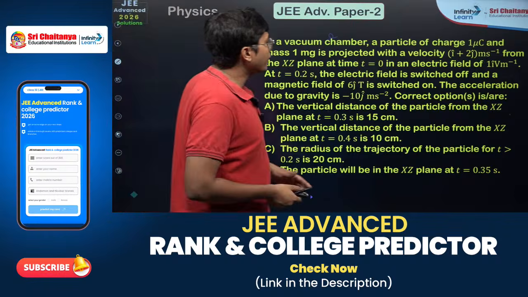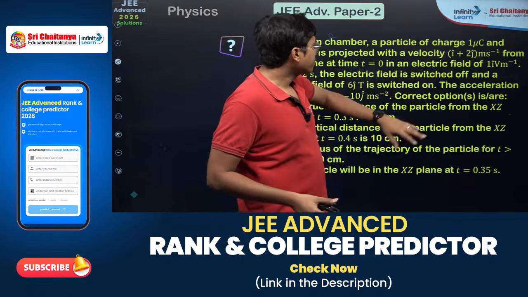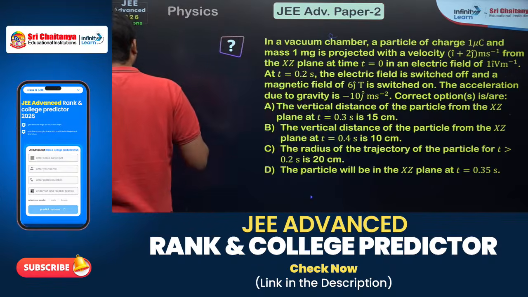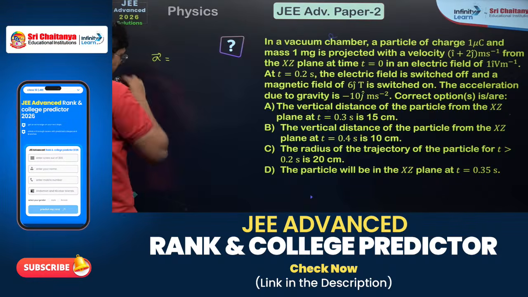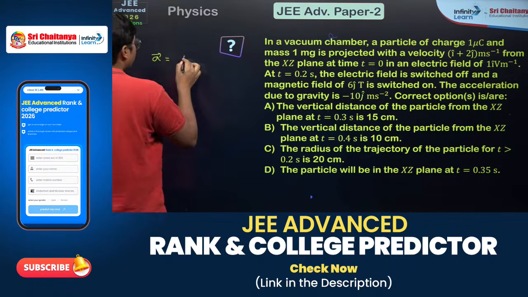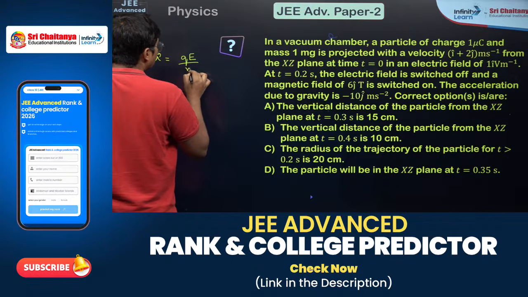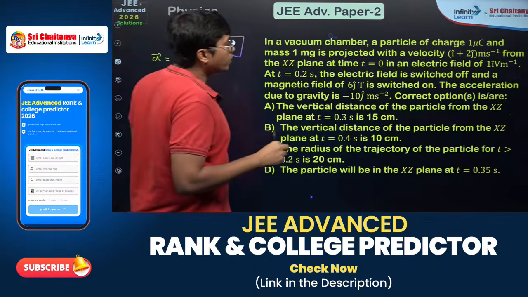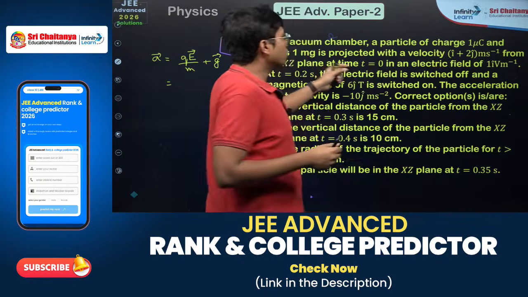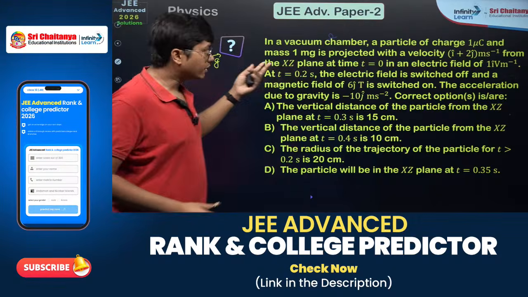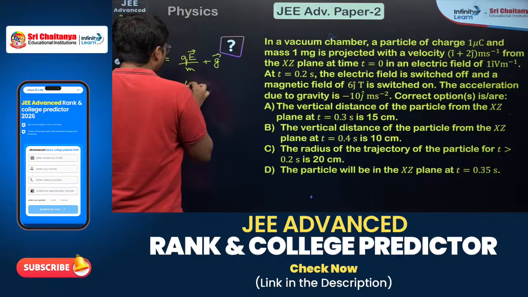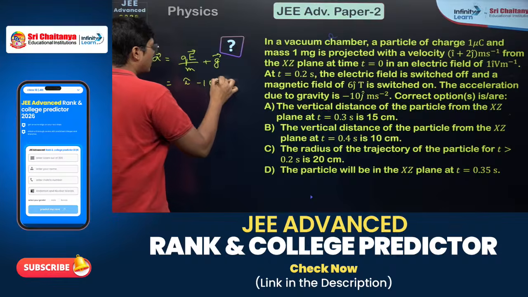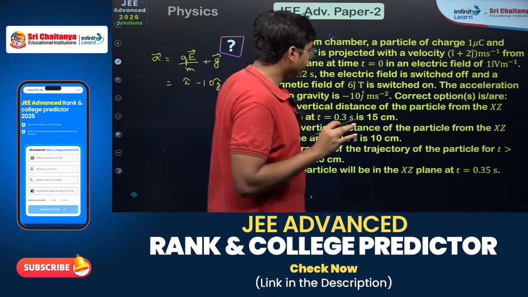First, what happens? Initially this had initial speed. You had the electric field and you had the gravity. So what was the acceleration initially? Initially the acceleration was qE by m plus g vector, right? q by m is basically 1 because 10 to the power minus 6 and 10 to the power minus 6. So electric field was just 1, so i cap, and g was minus 10 j cap. That was the acceleration in the very beginning.